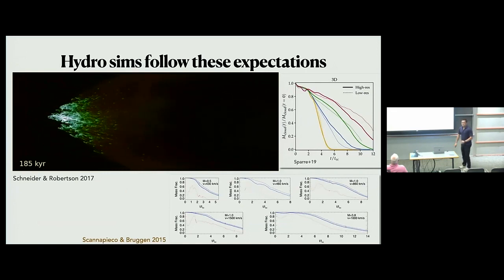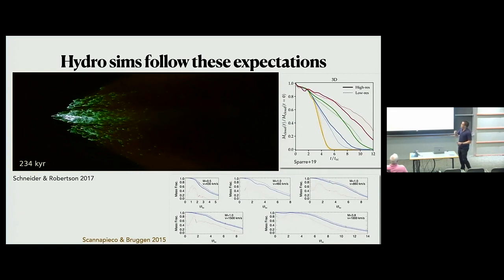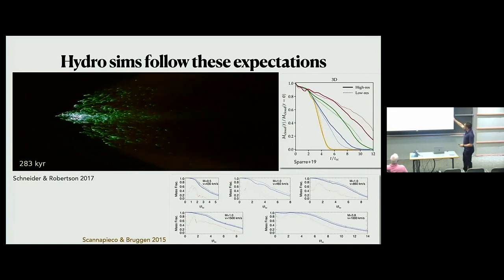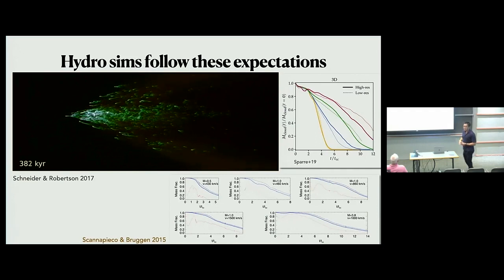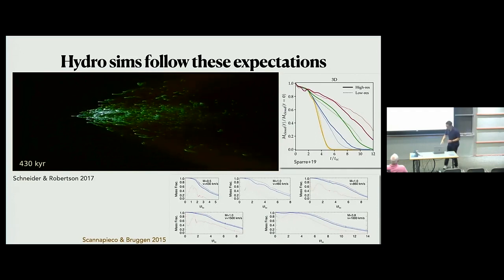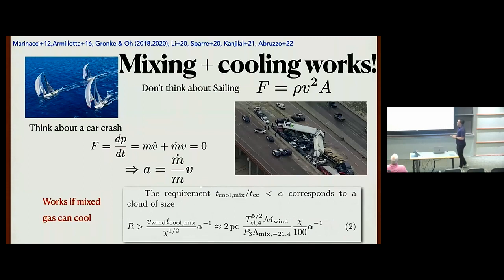What was the temperature of this cloud again? The hot gas is about 1,000,000 Kelvin, and the white stuff is about 10,000 Kelvin, which is the stable phase in galactic halos.